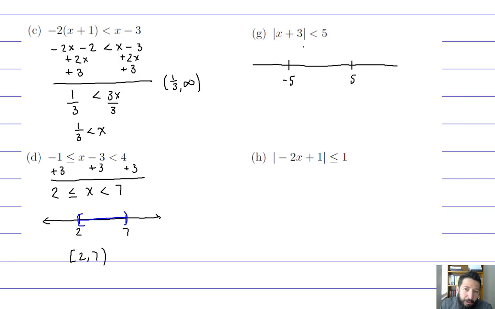So for example, you want numbers like, say, 0. Yes, because the absolute value of 0 is 0, which is less than 5. You want 1. Yes, because 1 is less than 5. Negative 1. Yes, because if you take the absolute value of negative 1, it is positive 1, and positive 1 is less than 5. You want negative 4, of course.